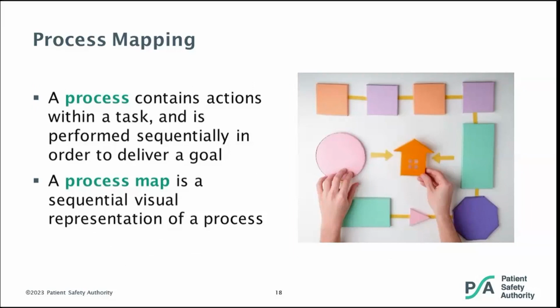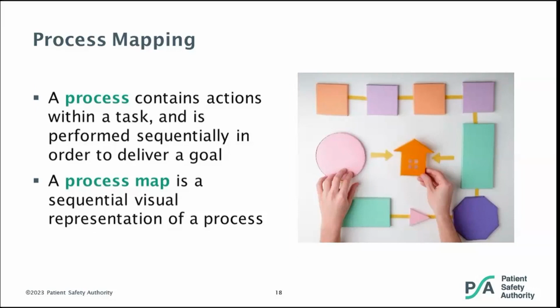Process mapping is a technique used to visually map out workflows and processes. It involves creating a process map, which can also be referred to as a flow chart, a process flow chart, or a workflow diagram. The purpose of process mapping is to communicate how a process works in a concise and straightforward manner.